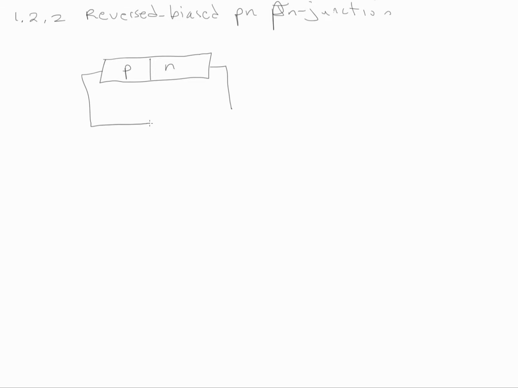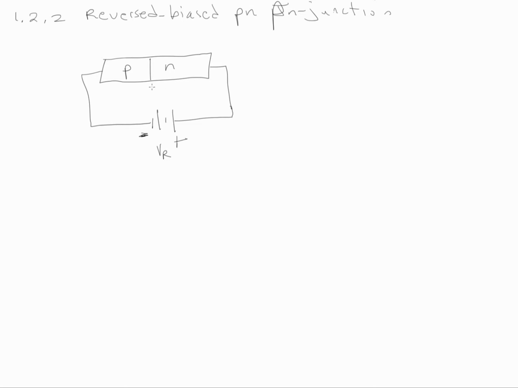So we're moving on to section 1.2.2, which is when you reverse bias the p-n junction. So you're applying a potential now to the p-n junction. We're going to draw out the piece of silicon that has a p and an n-type region adjacent to each other. And now we're going to attach an external voltage supply configured in reverse bias, where the n-type has a positive voltage applied to it, and the p-type has a negative voltage applied to it.